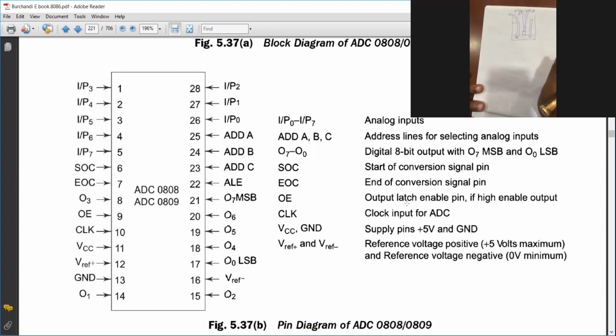So from that you will get the output voltage of the sensor, right? And from the thermometer you will get the temperature.